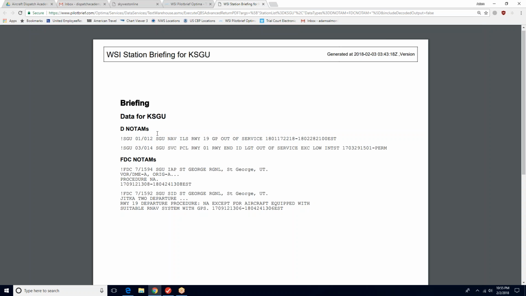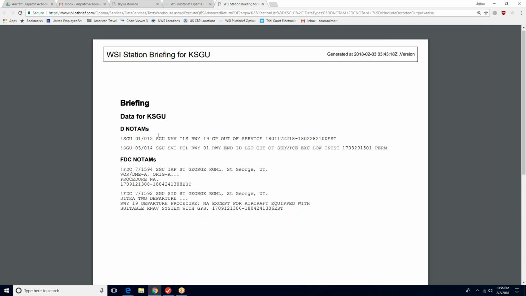So if the ILS ground glide path is out, does that mean you're doing a non-precision approach during those hours? Correct. The glide path being out of service means the only thing on that approach that would be working is the localizer. We'll learn a lot about that as time goes on.